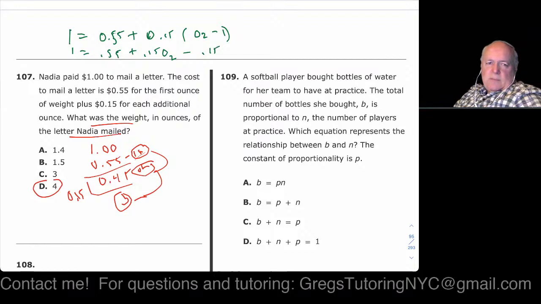So if we work on the 0.55 and the 0.15, that's 0.55 minus 0.15. So we get, what do we get there? 0.30 plus 0.15 of the ounces.